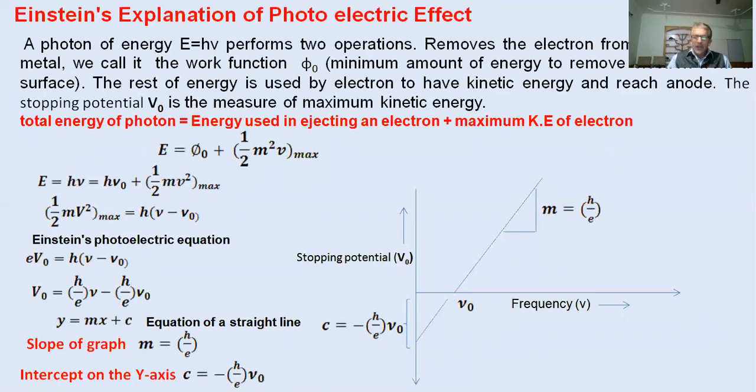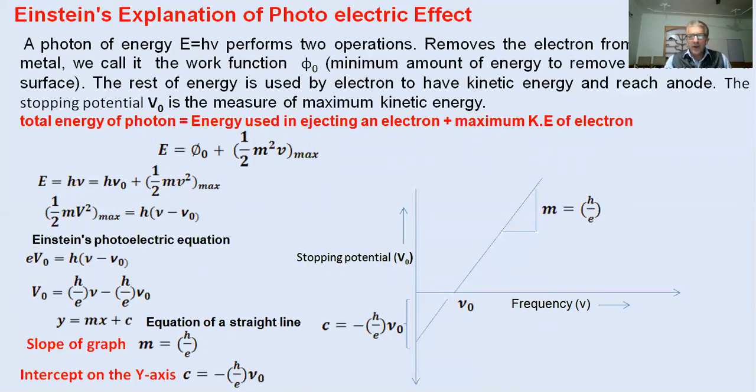Although Planck introduced the concept of material resonators, Einstein slightly refined this concept. He said that the quanta of energy is actually associated with the photons of light, and that the photon of energy E equal to h nu performs two operations.